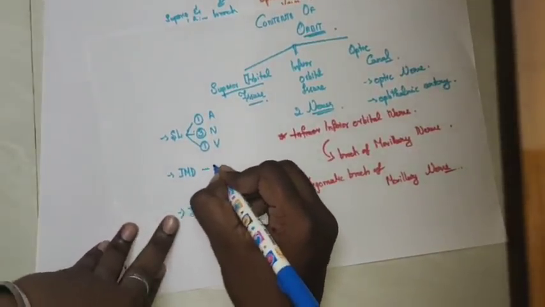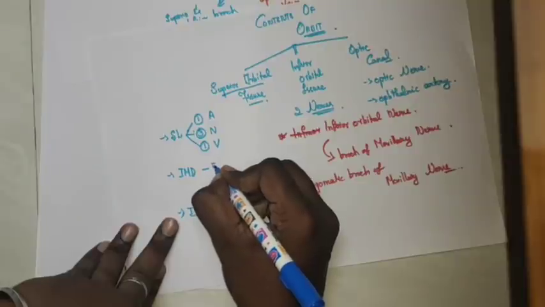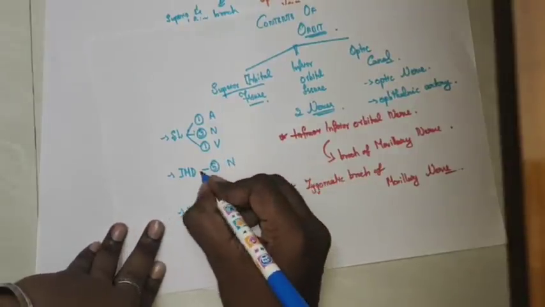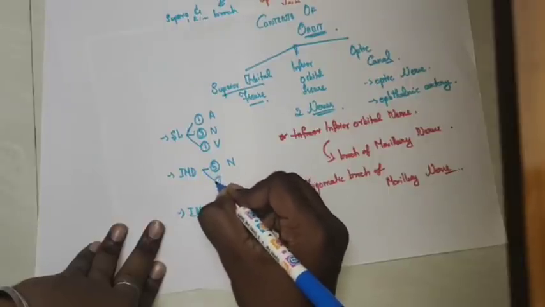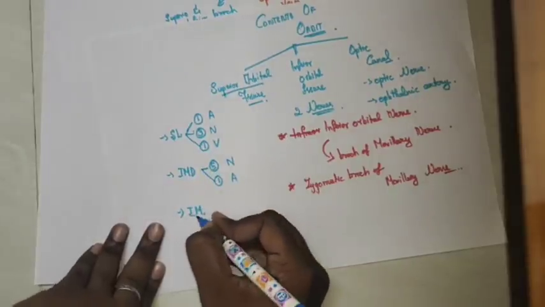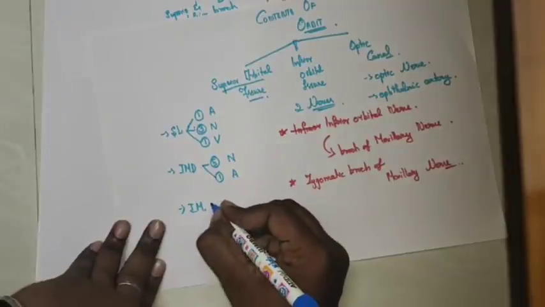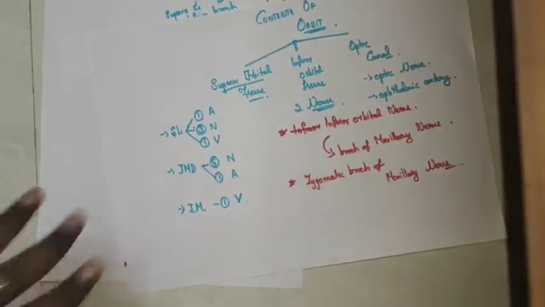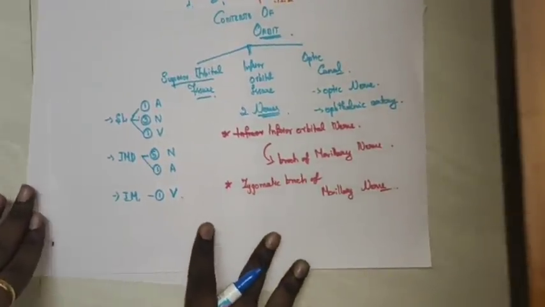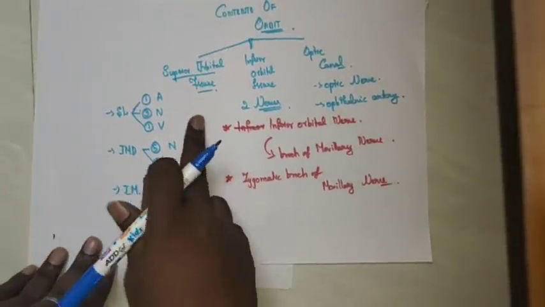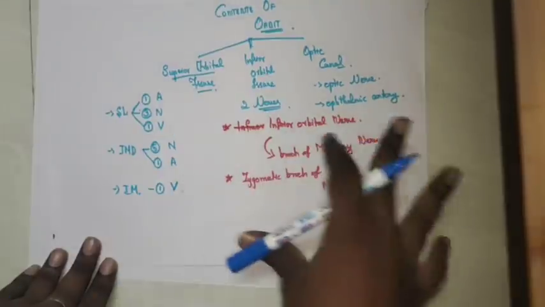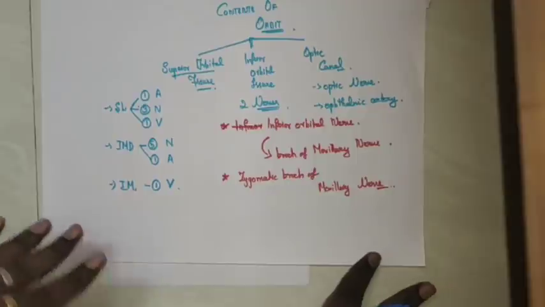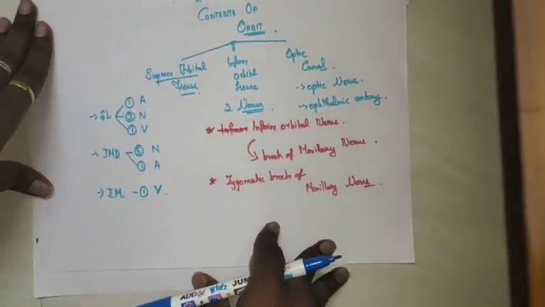Intermediate part contains five nerves, including the optic canal nerve, and one artery. The inferior medial part have one important vein. Yeah, so this will be the contents of orbit: superior orbital fissure, inferior orbital fissure, optic canal, gives these many. So the next video will be about extraocular muscles and its functions.